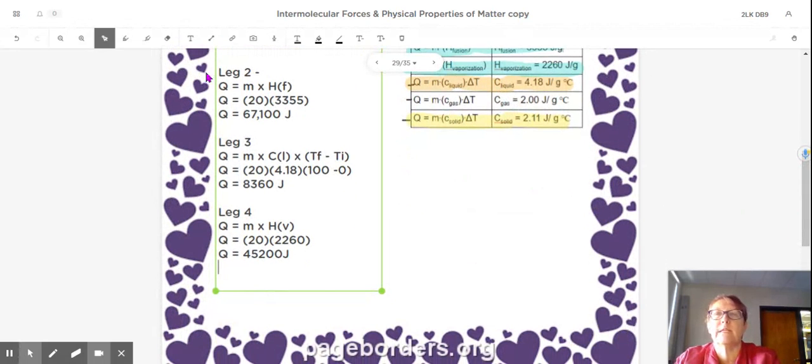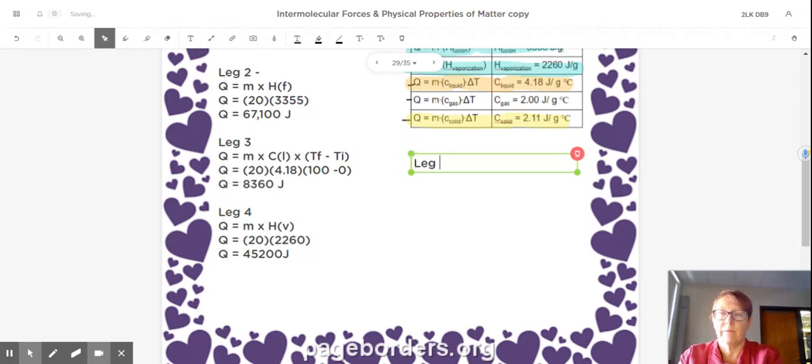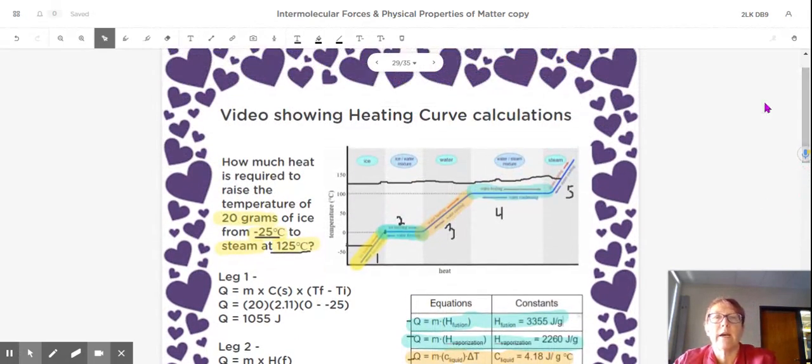Last leg. We have just enough room, maybe. Let's do this last leg over here. So leg 5. At leg 5, if we look at our graph, we are starting at 100 degrees and we're going up to, what is our final temperature? 125.